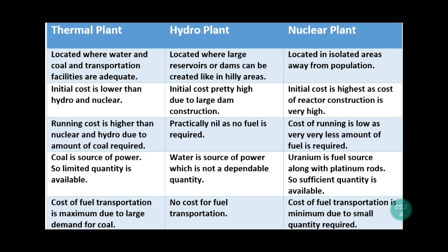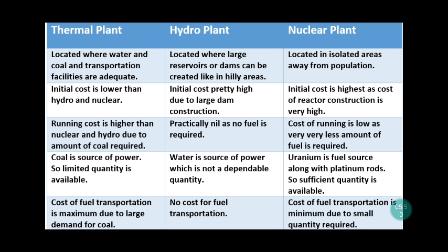Most of the time these coal mines are located far away from the plant. So we have to bring the coal from the area which is far away from the plant, so the transportation cost is more.